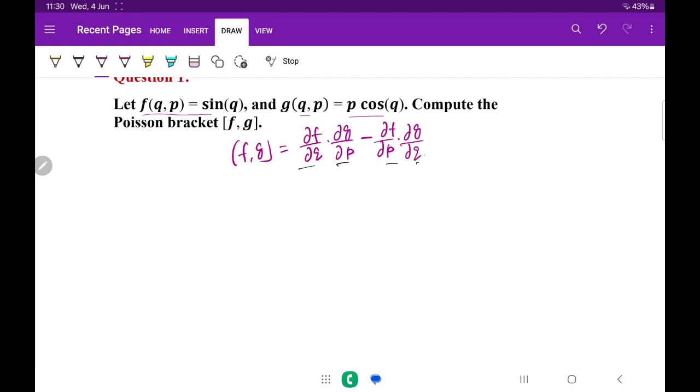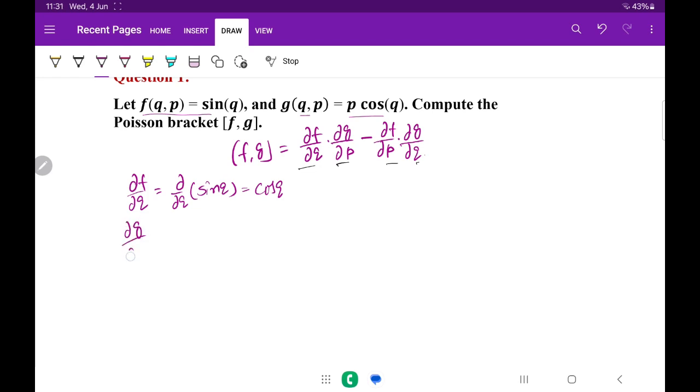First, let's write ∂f/∂q. That means for the given function f, which is sin q, ∂/∂q of sin q is nothing but cos q. Similarly, I find the other things also.